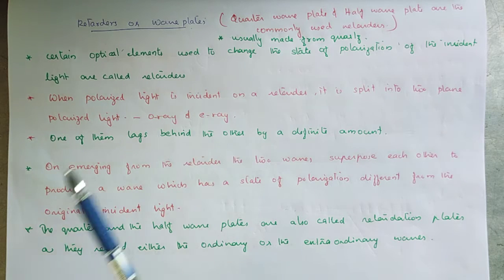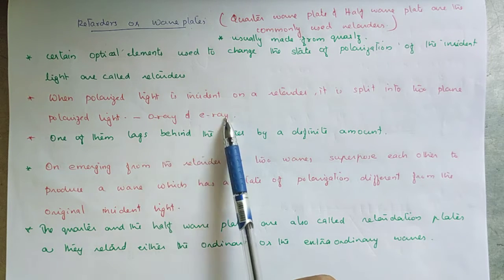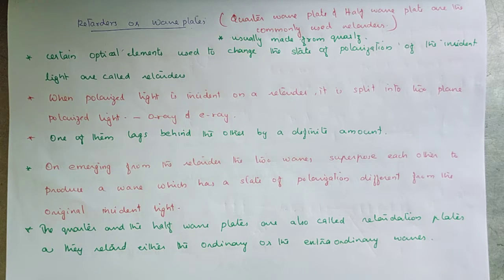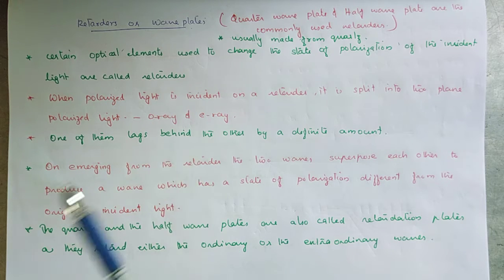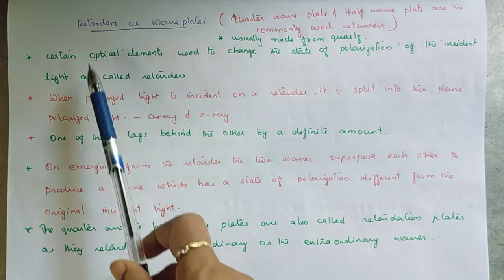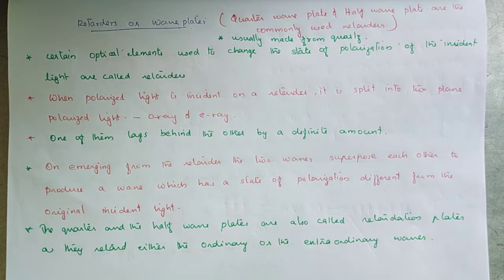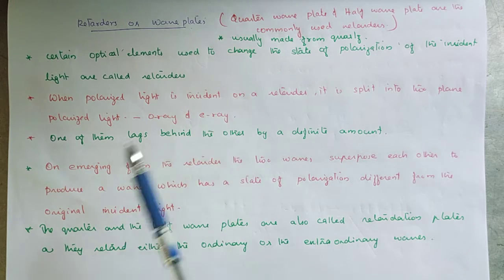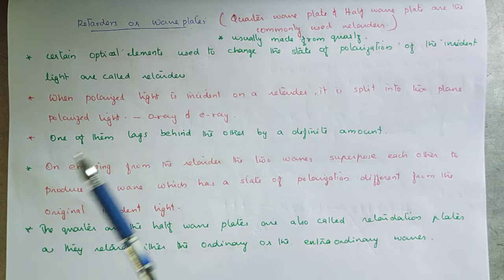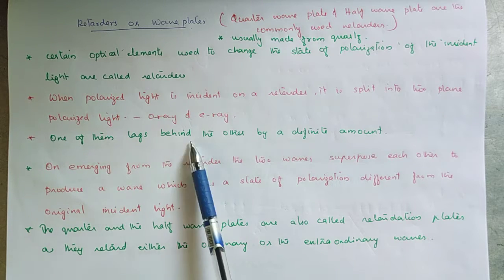The important point is that both these rays travel along the same direction, but one of them lags behind the other by a definite amount. So the name is retarders. Either the ordinary ray may lag behind the extraordinary ray, or the extraordinary ray lags behind the ordinary ray.